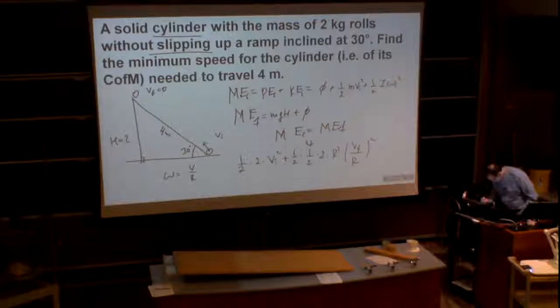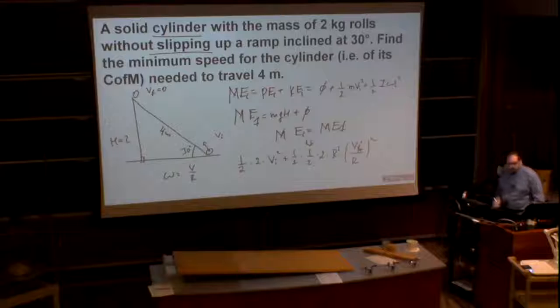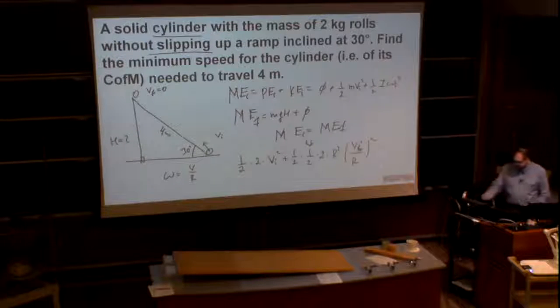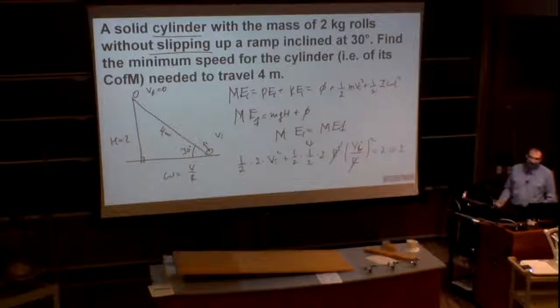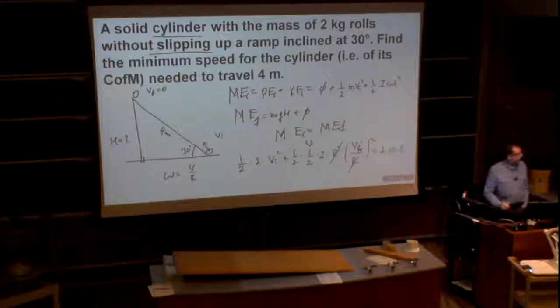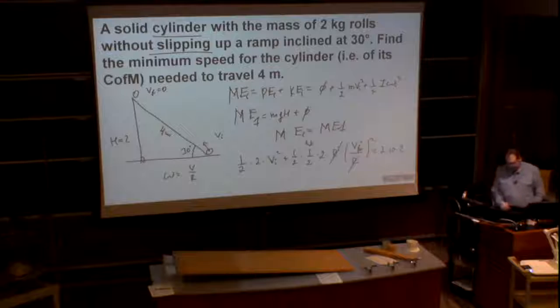And again, the only unknown left in this expression equals 2 times 10 times 2, actually same number. So the only unknown left is that initial speed.